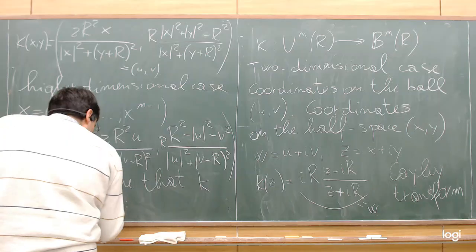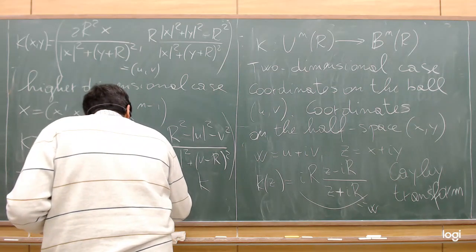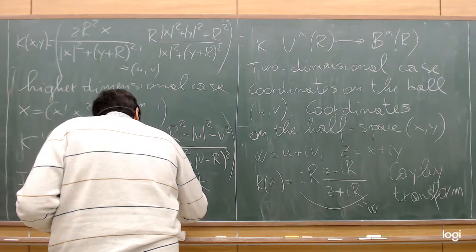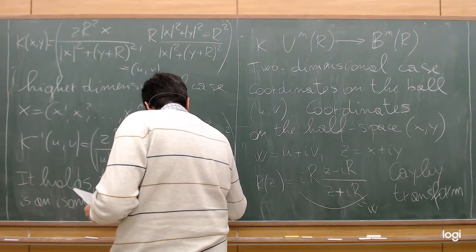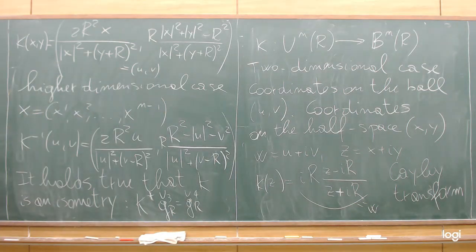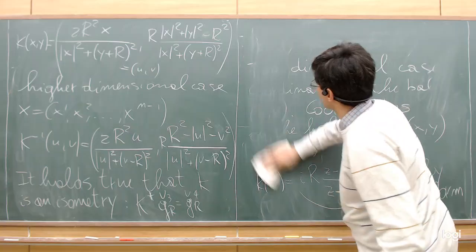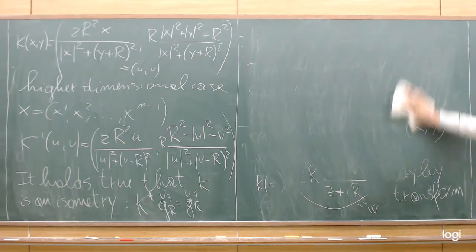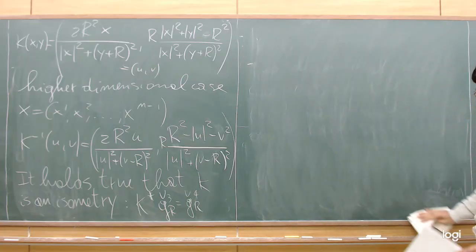That is, K star G'3 R is equal to G'4 R. And this is the end of the theorem, the end of the proof of the theorem.